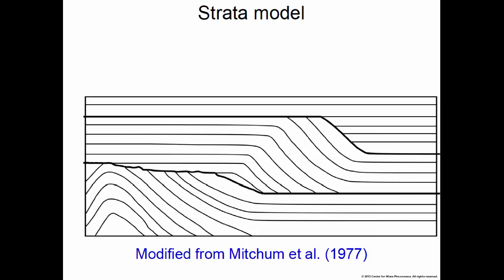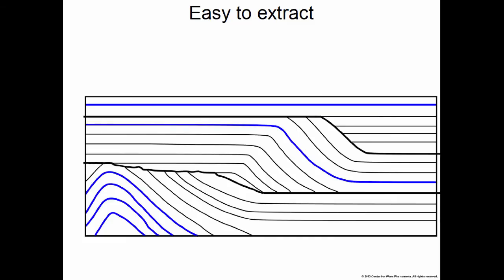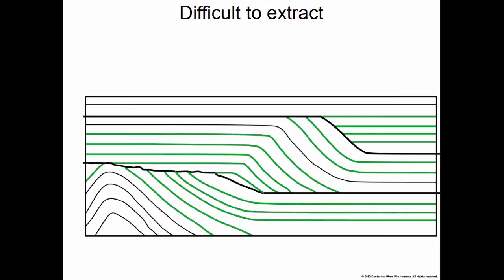Here we have a common strata model. The horizons denoted by the blue curves are easy to extract because they continuously appear in the entire image. But the horizons denoted by the green curves are difficult to extract because they stop at some boundaries in the image, and usually we don't know where these boundaries are.